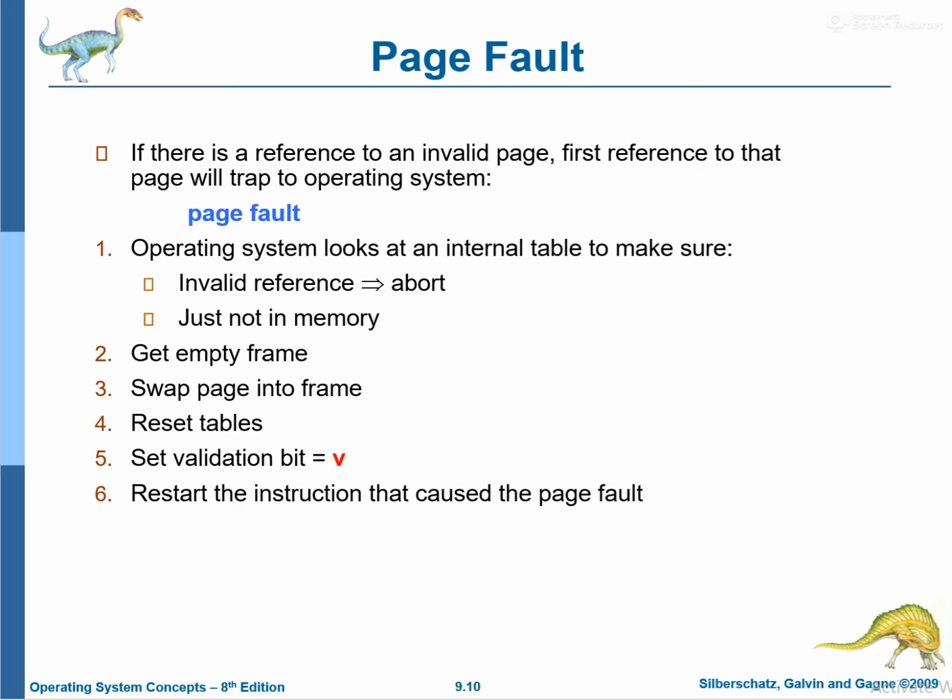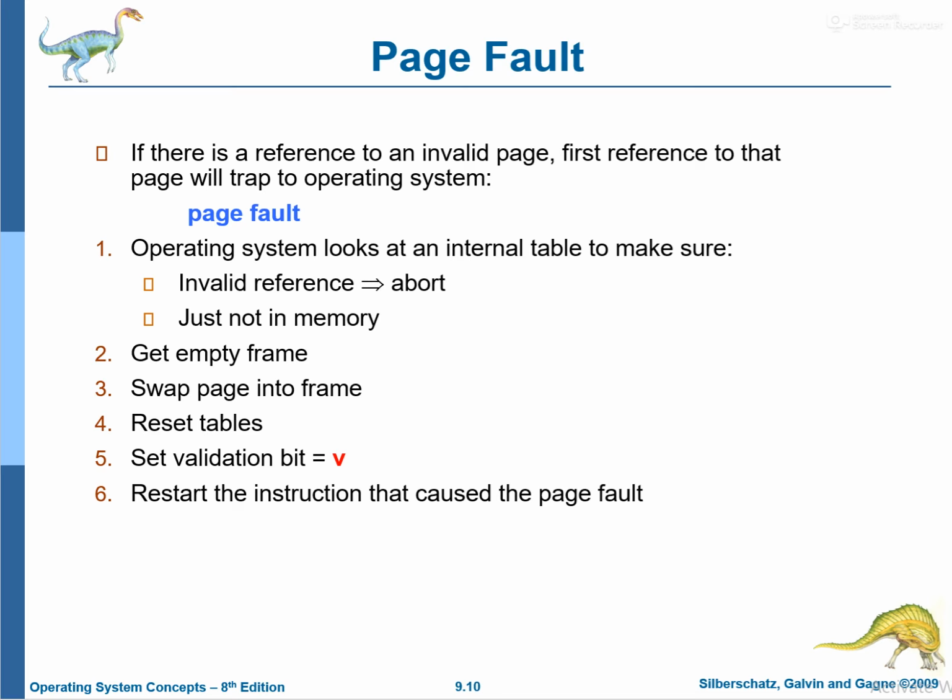Because you know when the bit is valid, the page is in main memory. But if it is invalid, there can be 2 possibilities. One is the page is not present in main memory, it is in virtual memory. But the second option is that this reference does not belong to the logical address space of this process.